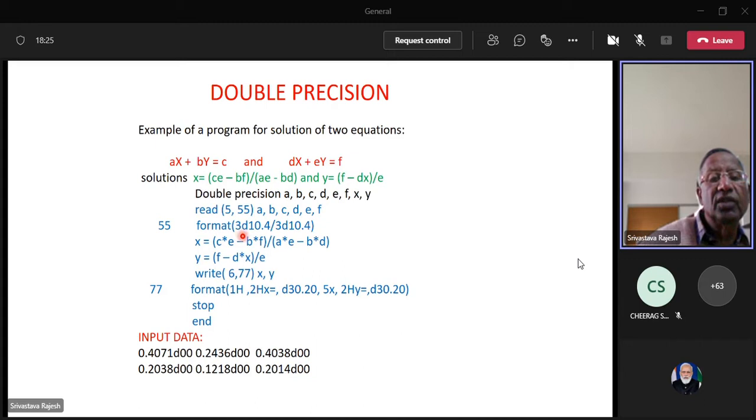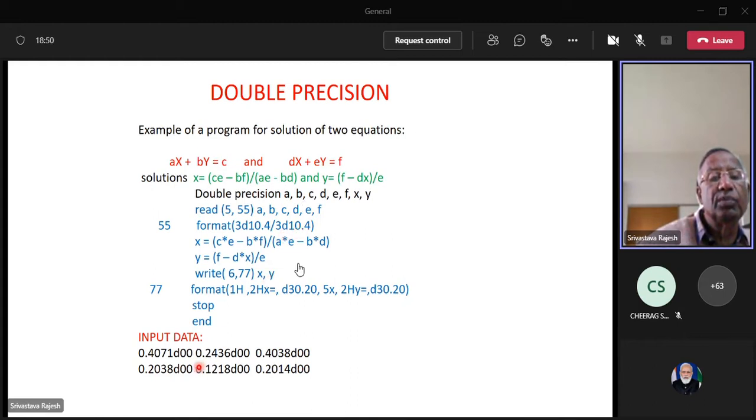Here I say use 3D10.4, so 10 is the total width, 4 places after the decimal, and 3 quantities should be read by this. There are 6 quantities, so the first 3 will be read by this, and then slash 3D10.4, which means go to the next line and read from there.